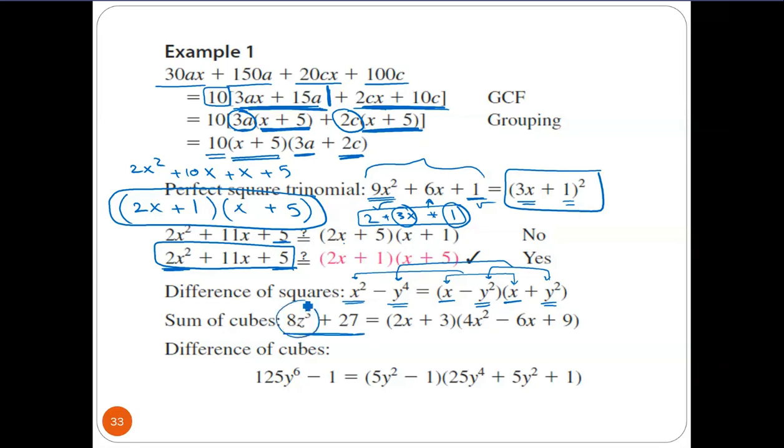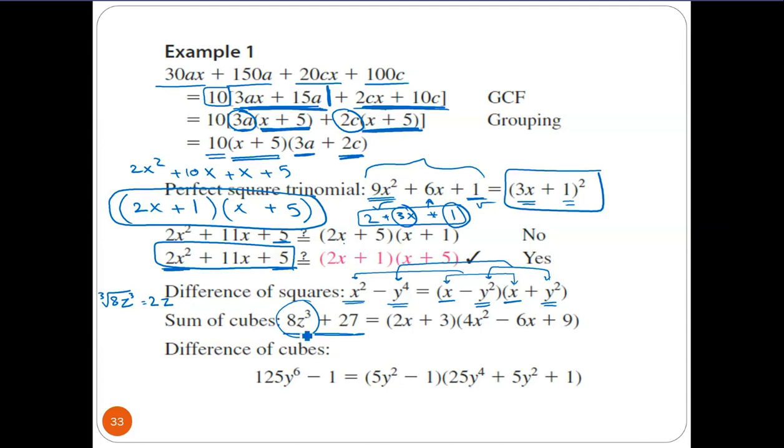Okay. Now the sum of cubes, like this. Take the cube root of 8z to the power 3. The cube root of 8 equals 2, and z to the power 3 under the cube root with index 3 gives z, so we have 2z. Okay.